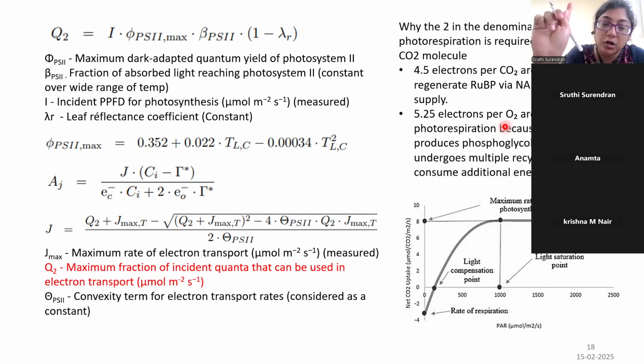So for half a molecule of carbon dioxide, 5.25 electrons are used. In order to make it for one full molecule of carbon dioxide, we multiply it by 2 here.